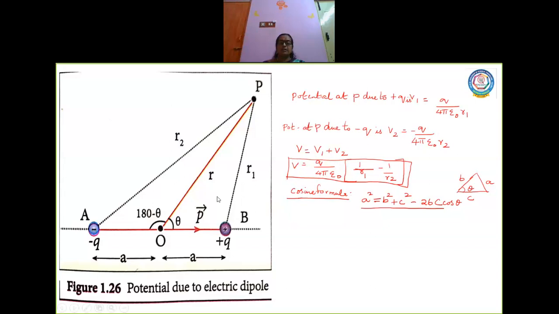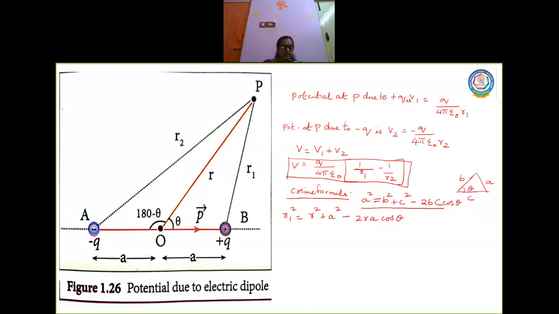So, writing the cosine formula for this triangle: r1 square equals r square plus a square minus 2ra cos theta.